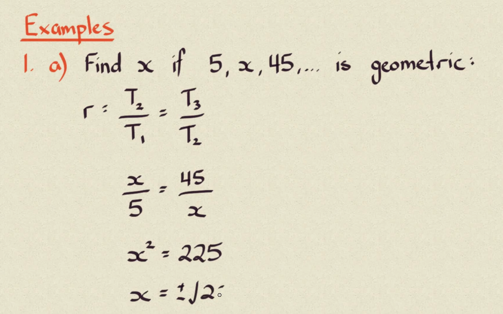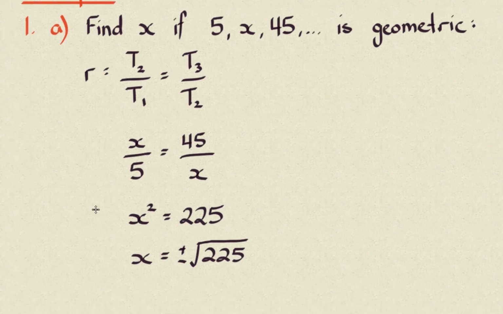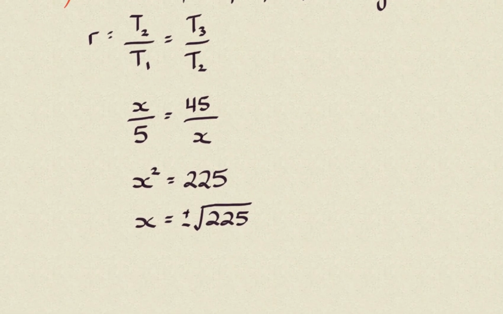We get the square root of 225. Calculating this, we find that x is equal to plus or minus 15. And both of these are actually acceptable answers for a geometric series.